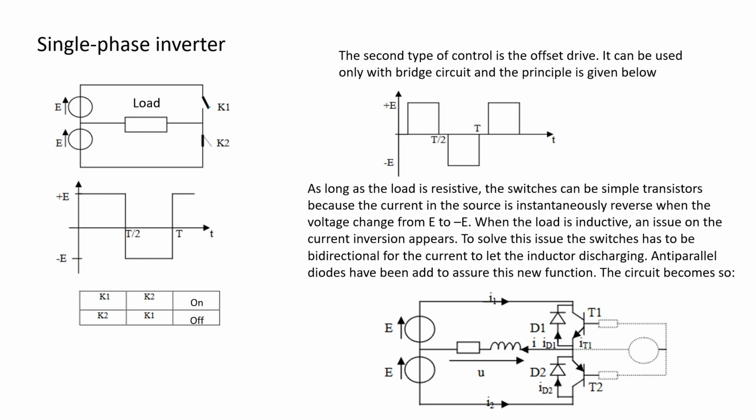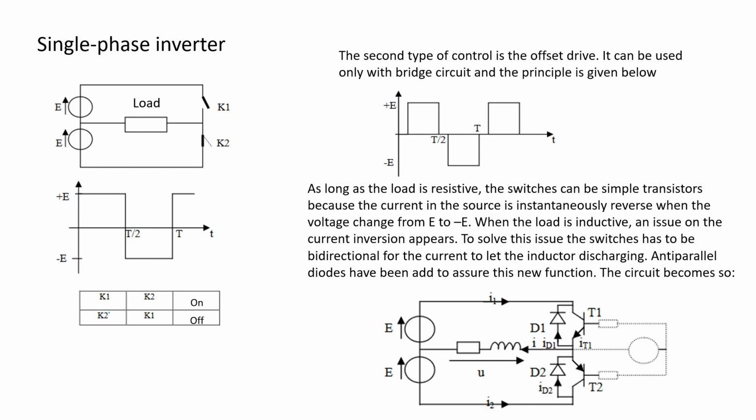You look at the switch K1 and K2. These two work complementarily. I mean, one is on and another one must be off. Why? Because if you accidentally turn on both of them at the same time, you got a short circuit. Okay.